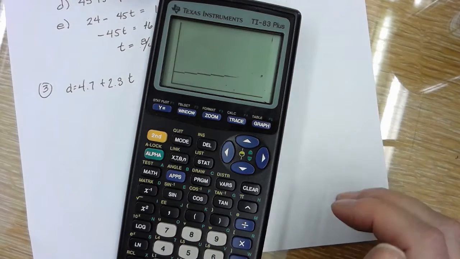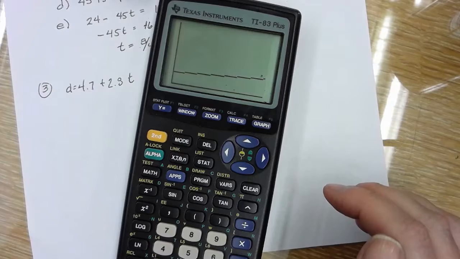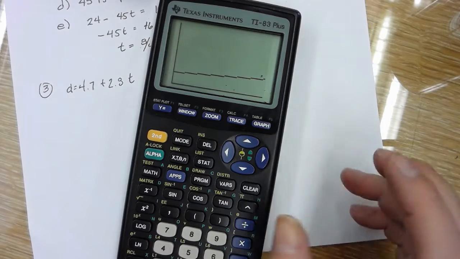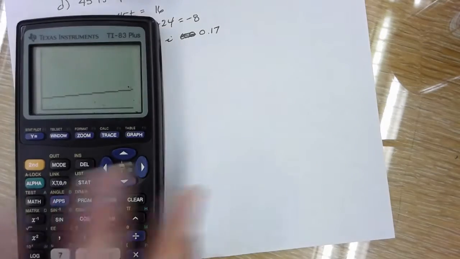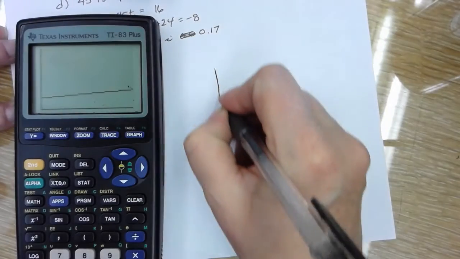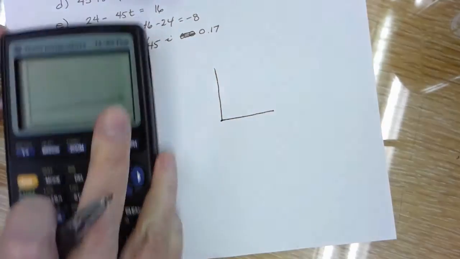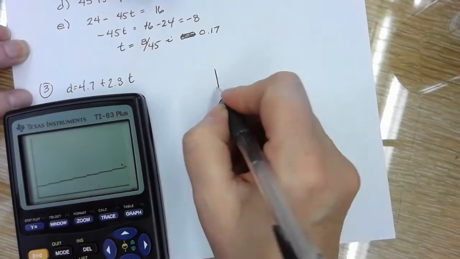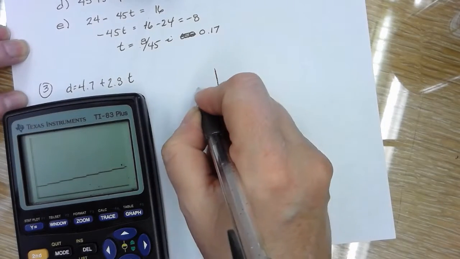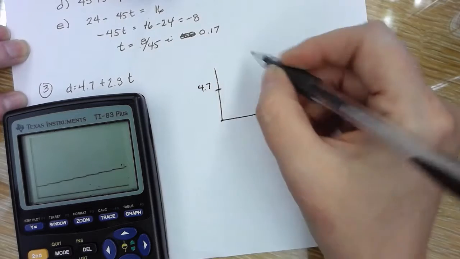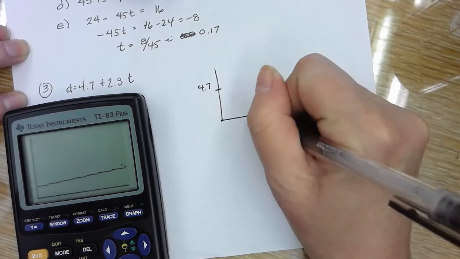All right. I'm not sure about that. This is the best sort of a window to have for my graph. So my graph is eventually going to look like the y-intercept, and it's okay if you don't remember this. The y-intercept is 4.7, and my slope is 2.8.